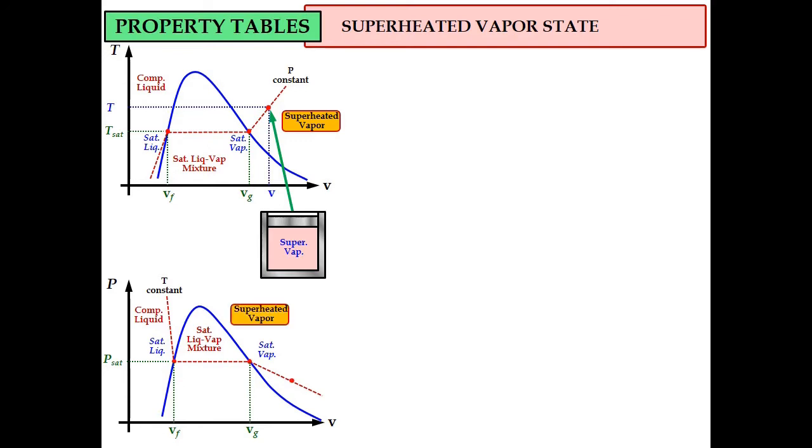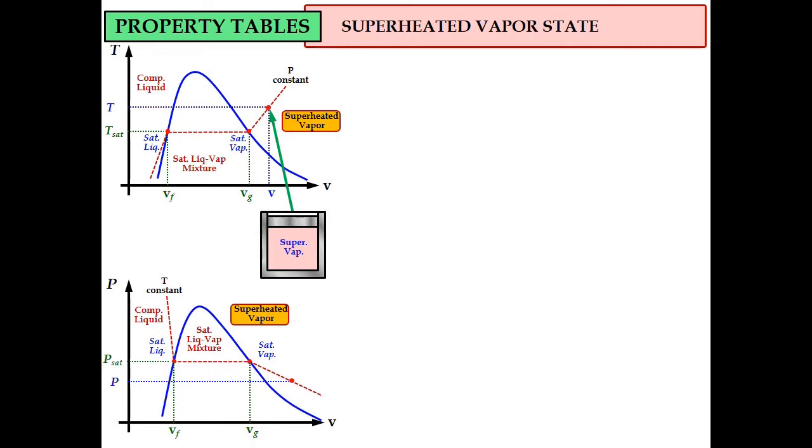As we know, in this region the pressure given must be lower than P saturated. If you refer to the TV diagram, we need to look at the value of temperature, where the temperature for the superheated vapor region will be higher than T saturated. However, if we refer to the PV diagram, we need to look at the value of pressure.